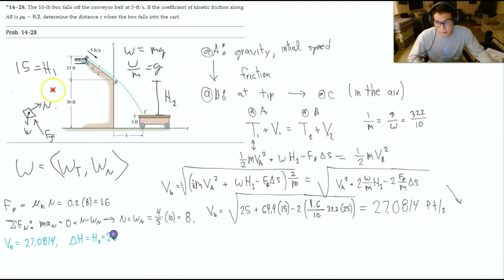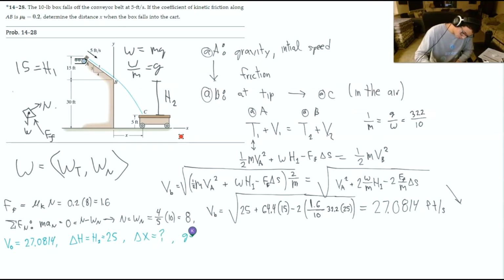Right? 30 minus 5 is 25 feet. Okay? But we don't know what the change in x is. Okay, let's write down another thing. We know that gravity is 32.2. Okay. So we know that stuff.